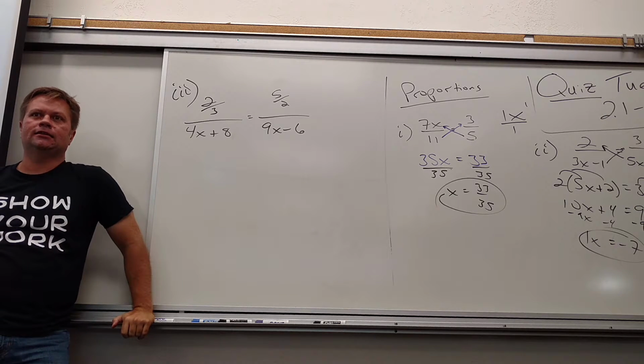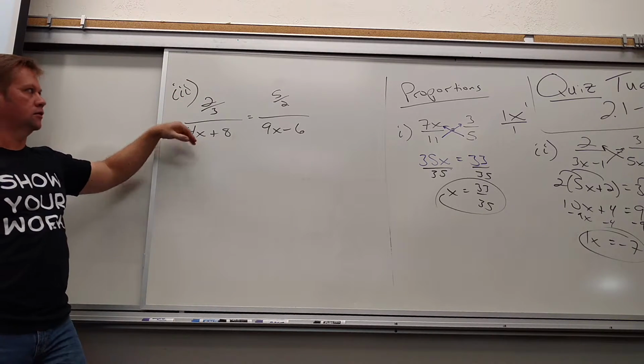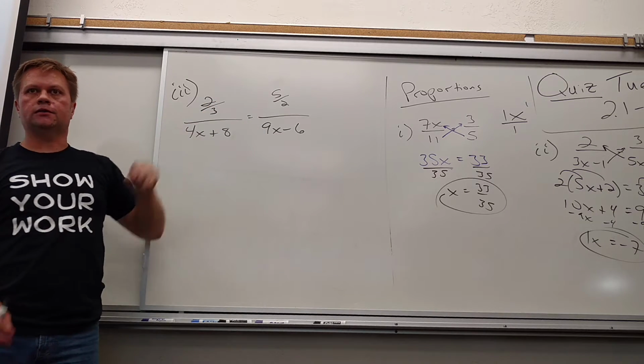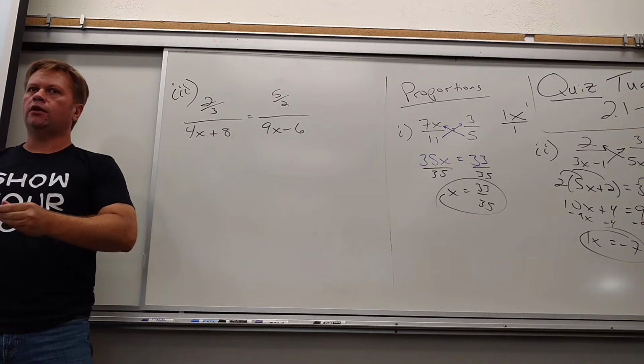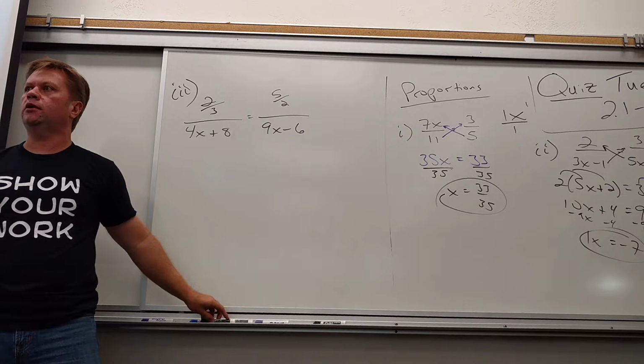I like it. So it's 2/3 over 4x plus 8, equals 5/2 over 9x minus 6. And again, I know that looks even worse now, but the first step doesn't care what it looks like.